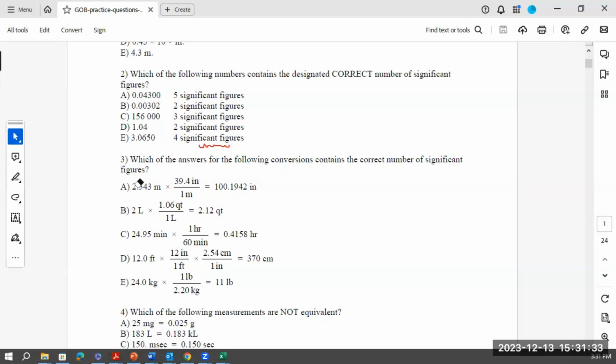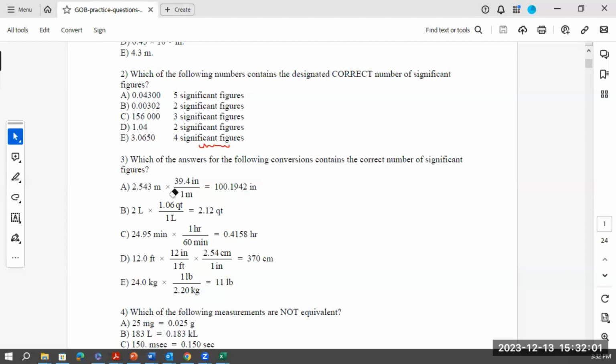Least sig figs. Okay, so we know that we need the least sig figs. So in the first case, what is the least sig figs in the situation? Now, there's a couple of things that we do want to keep in mind. One of the things is that if it's a conversion, we don't use that to determine our significant figures, right?